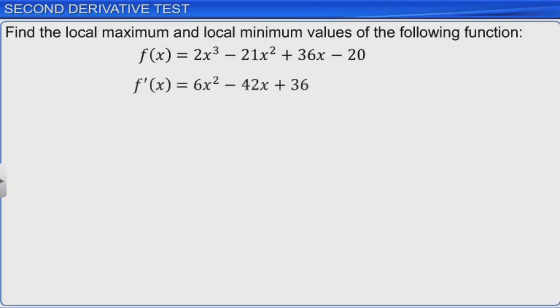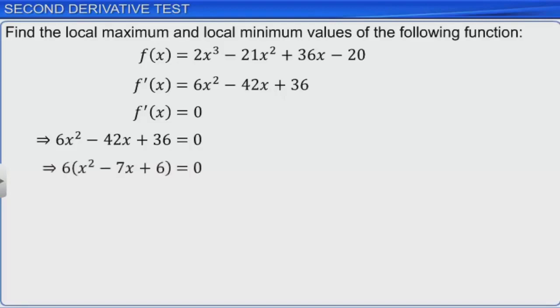For function f to have local maxima or local minima, its derivative should be equal to 0. On simplifying, we get the equation as x squared minus 7x plus 6 is equal to 0. Solving the equation, we get the values of x as 1 and 6.